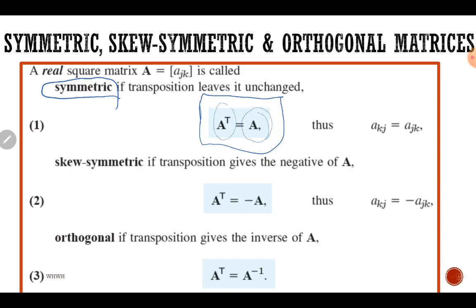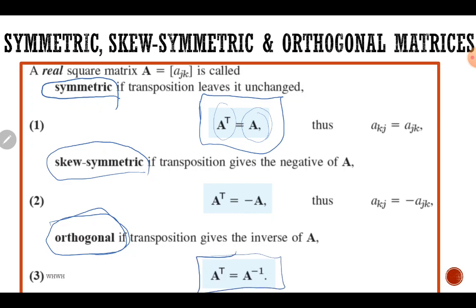A transpose is equals to A, where a skew symmetric matrix is equals to A transpose, dia sama dengan negative of A matrix, and the matrix is said to be an orthogonal matrix, okay, if A transpose is equals to the inverse of matrix A. Orthogonal is when A transpose is equals to A inverse. Right.